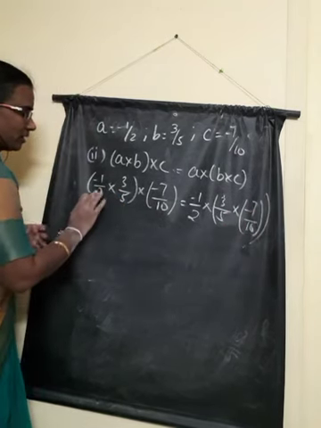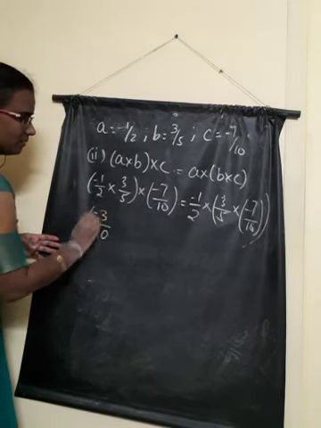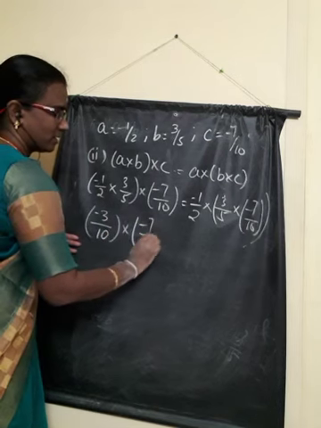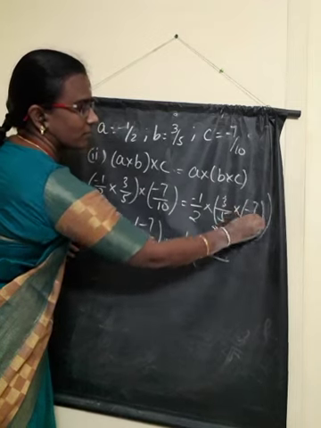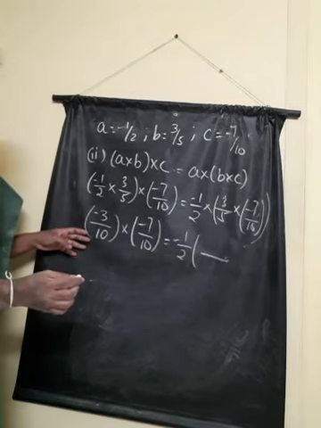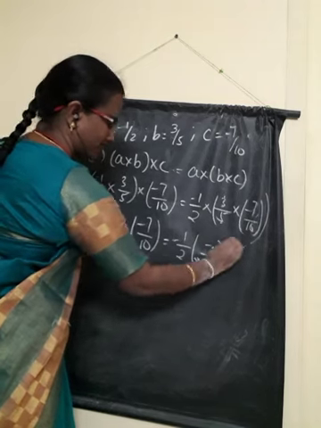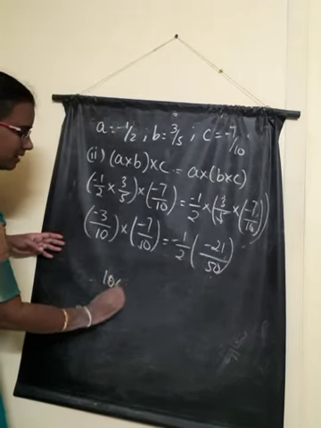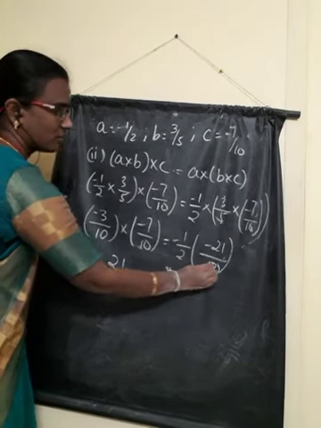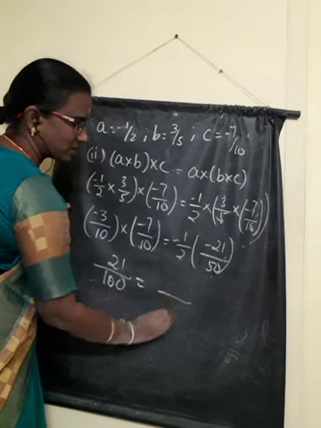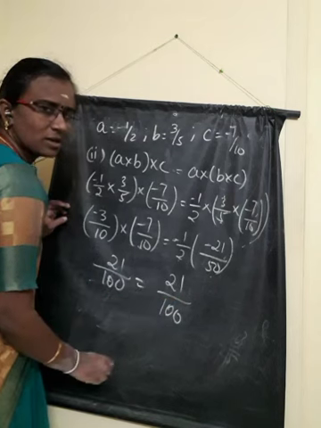So minus 1 into 3 is minus 3 by 10 into minus 7 by 10. Here minus 3 into 7 is minus 21. 5 tens are 50, 10 tens are 100. Minus into minus is plus, 3 sevens are 21. Here 5 into 2 into 10 is nothing but 100.